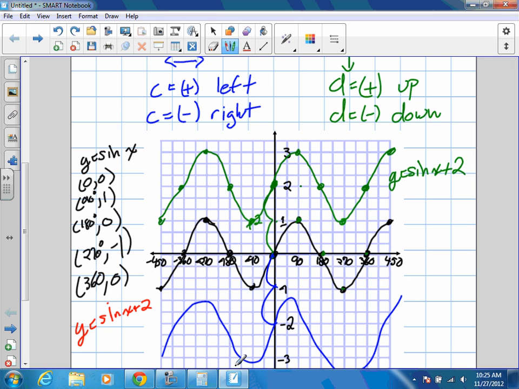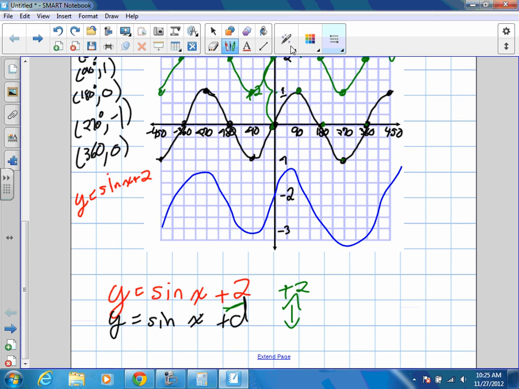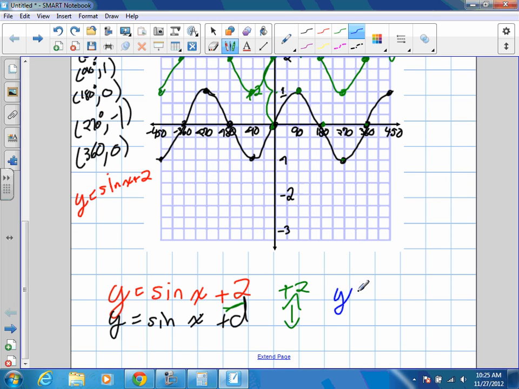Okay? Since we have that, let's go with the last type of example. What if I give you a question that says y is equal to sine x minus, this would be a tougher one, 45 degrees. First of all, am I dealing with vertical or horizontal shifts? Horizontal, right?